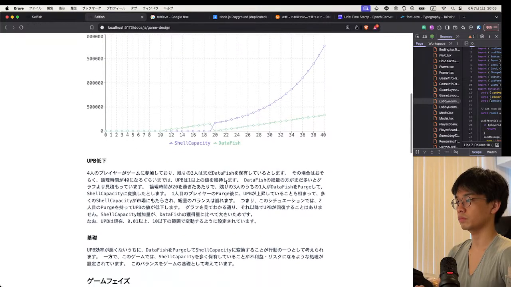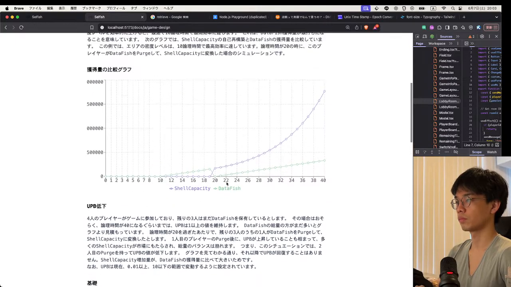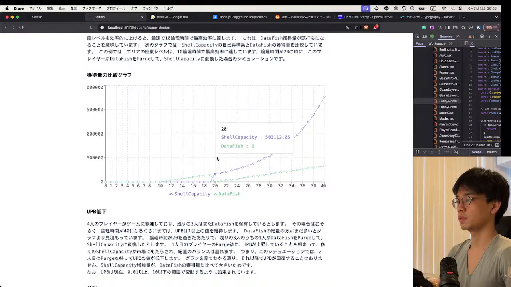So at this point, the UPB is going down, because the amount of shell capacity is larger than the amount of data fish at the time.